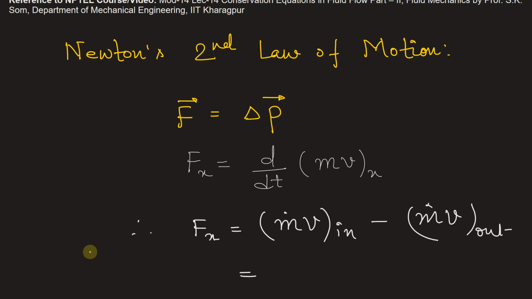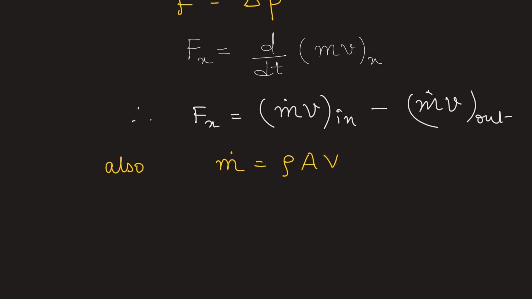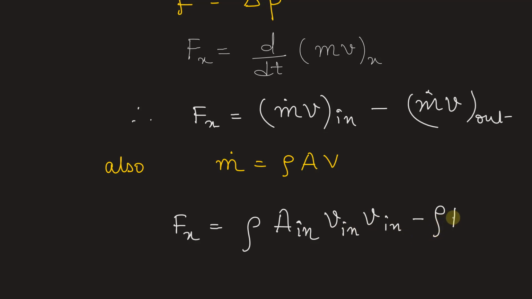Now mass flow rate we know is equal to rho A into velocity. Therefore, we can write force in x direction will be equal to inlet momentum, that is rho into the area in which it is entering into the inlet velocity, into velocity of inlet, minus rho, the density is same because the fluid is not changing, rho exit area into exit velocity.